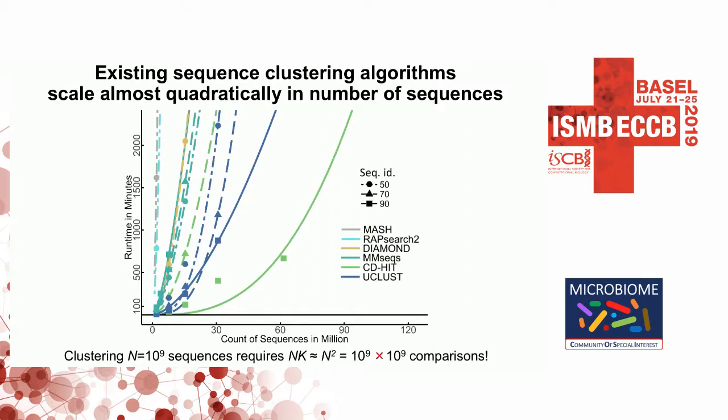And you can see that when you look at the runtime of clustering for various data set sizes. So here linearly is the size of the data sets that we clustered with the available tools. And you see that these are mostly behaving quadratically or to the power of 1.8 or 1.7.